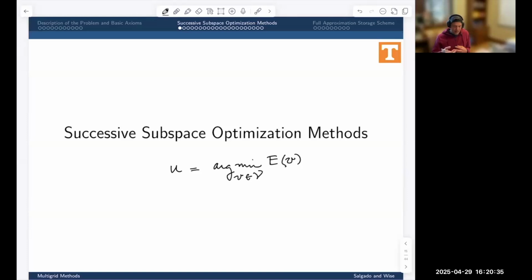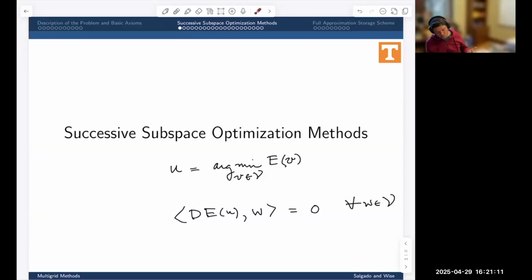And we said if E is sufficiently smooth, that is, if it's Fréchet differentiable, then we can show that this problem is equivalent to solving a problem like this. This is the so-called Euler equation or Euler-Lagrange equation.